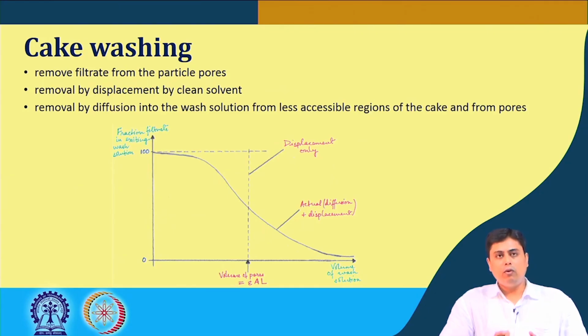Now this removal of filtrate from the particle pores by washing has been observed to happen in two processes. One process is that most of the filtrate goes away by displacement, when the wash liquid is passed through in the backward or opposite direction to where the filtration was happening.